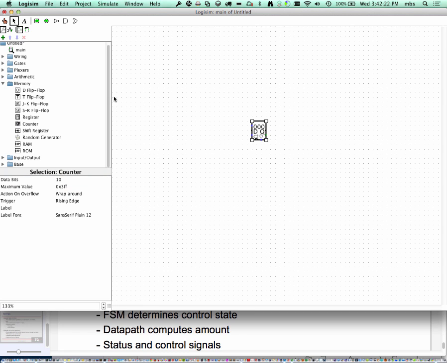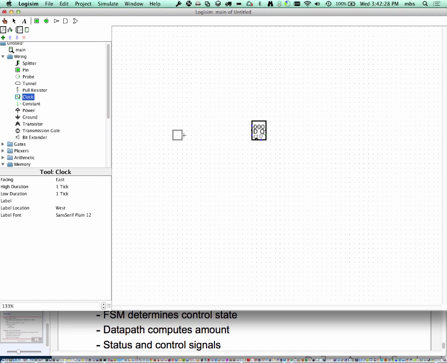Okay, let's get a clock, and let's hook up the clock this way.